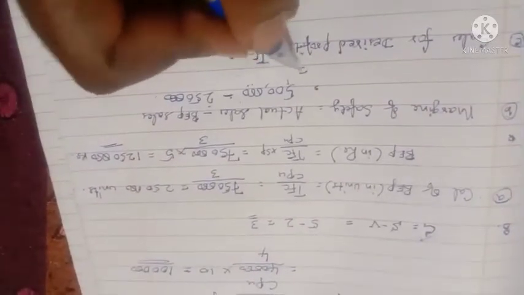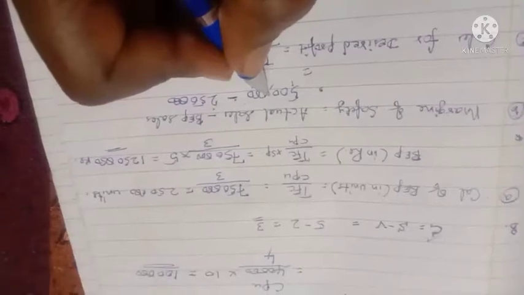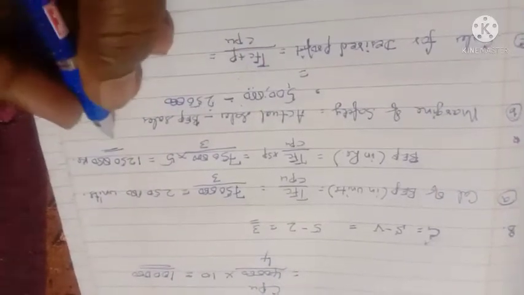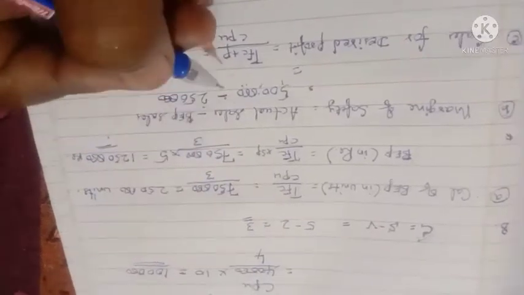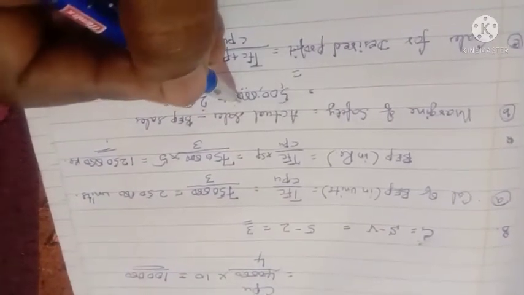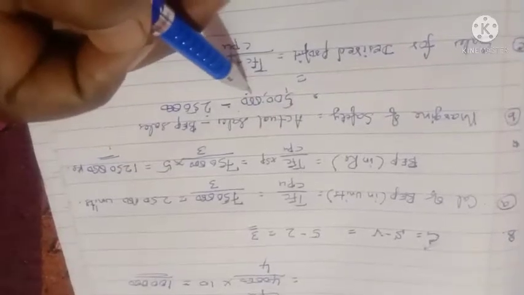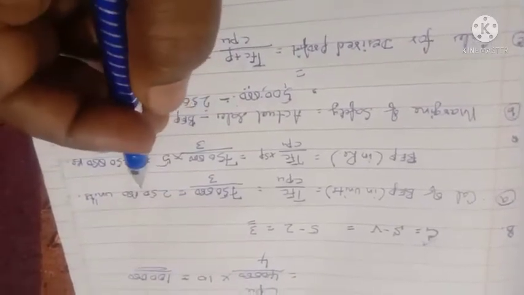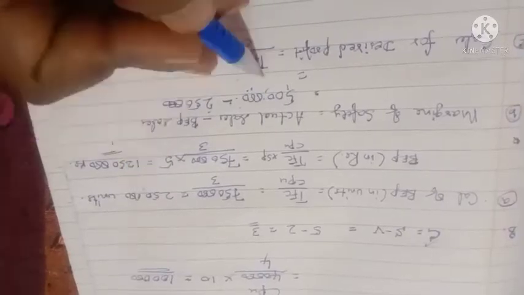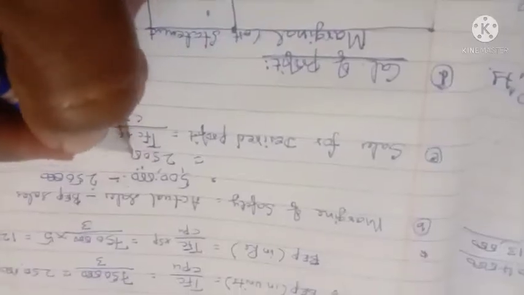If you take in rupees, it is 5 lakh into 5 minus 12 lakh 50,000. When using the unit formula, we take units produced without multiplying by the selling price. So 2 lakh 50,000 is the margin of safety.